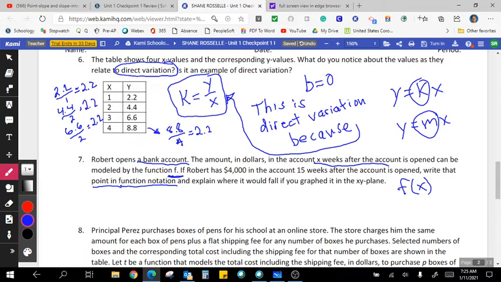Alright, so remember, the x value is weeks. That function f of x, that's how we write function notation. We write function notation as it relates to the other variable. The other variable is weeks. So f of x equals the amount in the bank.